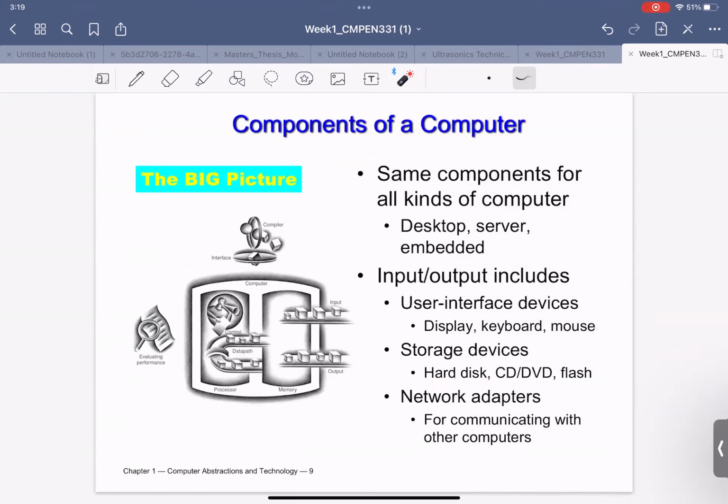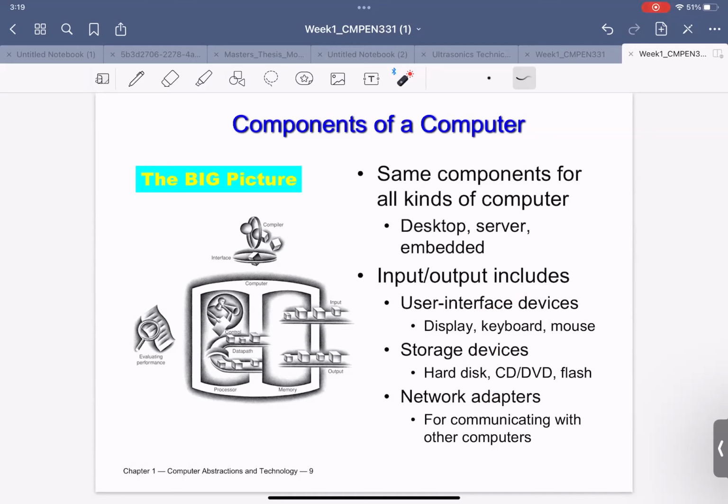Again, as a review, the components of a computer, assuming that you have a desktop, server, or embedded computer: you have a user interface device, you have a storage device, and then you have a network adapter. Our concentration will be on the CPU itself and the main memory.